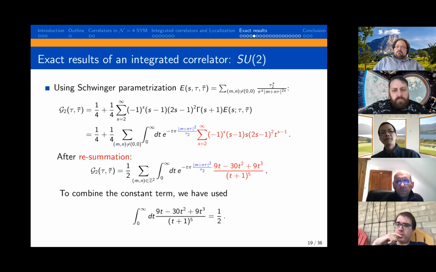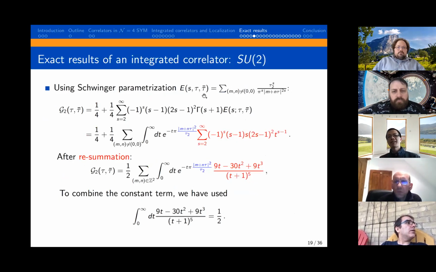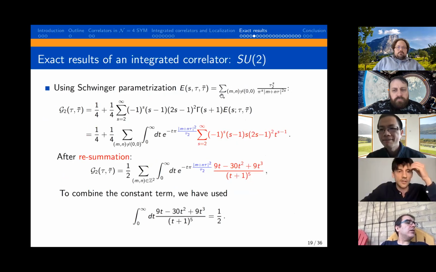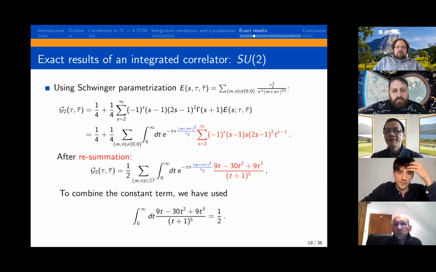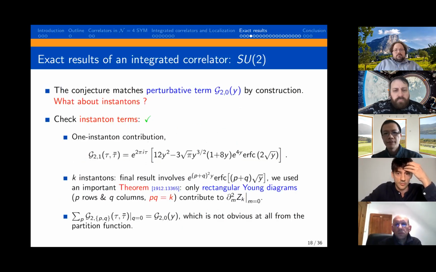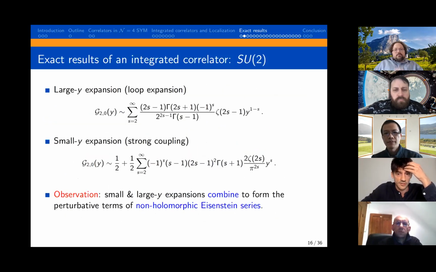Okay, so we conjecture, and I try to argue this conjecture is correct, that the SU(2) correlator can be written as basically an infinite sum of this non-holomorphic Eisenstein series. Can I ask a question about this previous small and large Y expansion, when you rewrote it with this Eisenstein series?